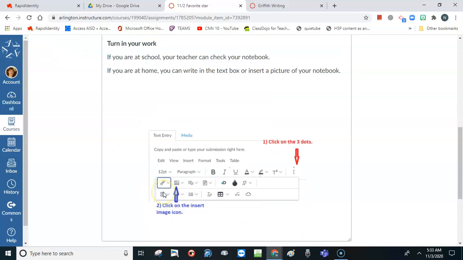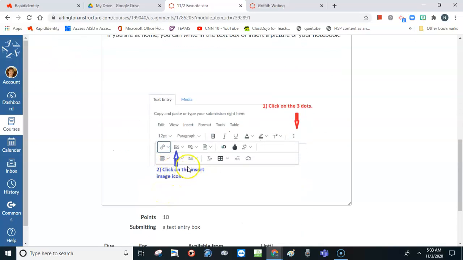And then you would choose to use the text box, or if you write in your notebook, then you click on the 3 little dots. When you click submit assignment in the text entry, click on the 3 little dots, click on the insert image, and you would add a picture of your notebook there.